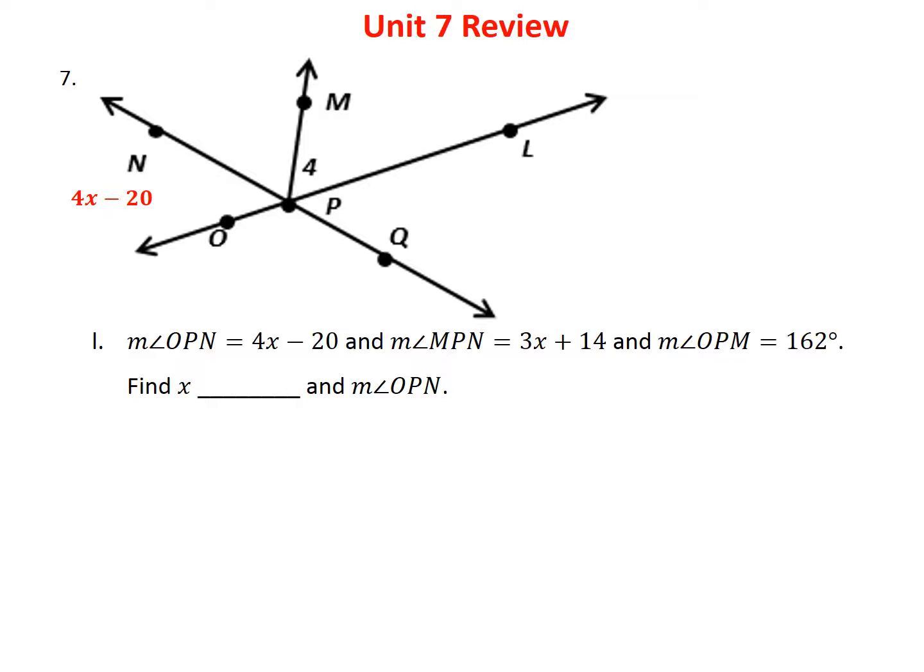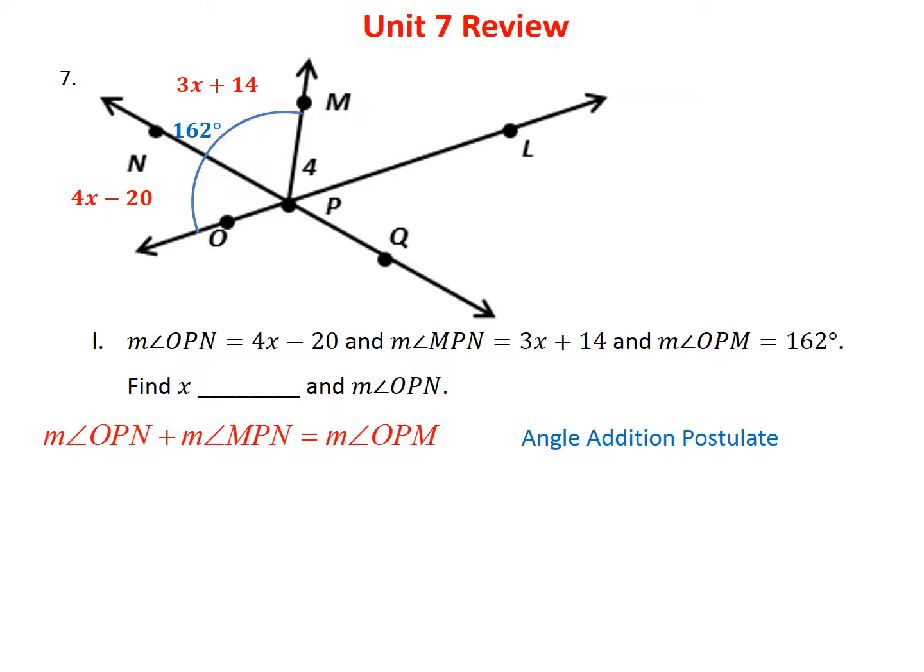The next angle, MPN, again, I'll trace from M to P to N, and I'll see that that's angle 3x plus 14. It gives us a third angle, OPM. When I trace this one, I notice that it actually covers both of the other 2 angles, and that equals 162 degrees. Now if I look at the picture, I can see immediately how to set this problem up, because the 2 smaller red angles add up to the blue angle.